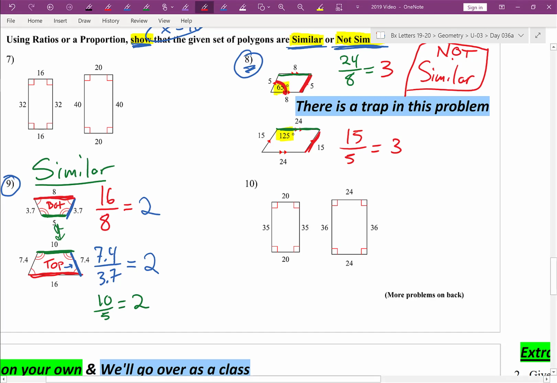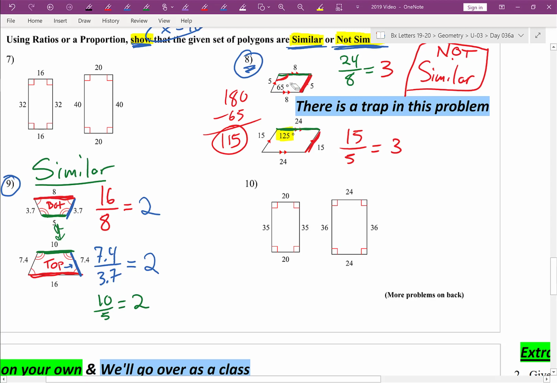If you look at this angle here, that's 65, in a parallelogram, consecutive angles have to be supplementary. They have to add up to 180. So if I take 180 and I take away that 65, I'm going to be left with 115.